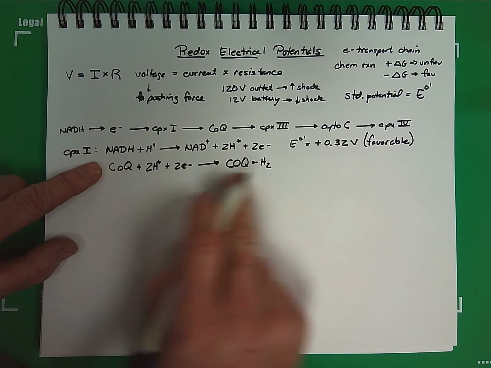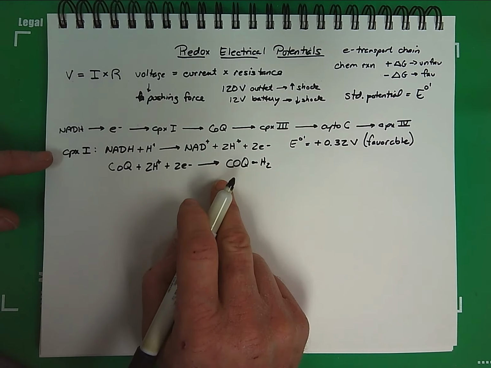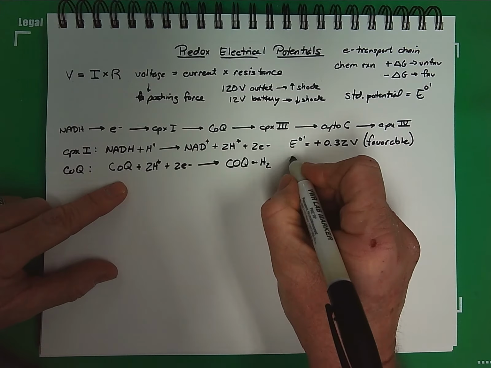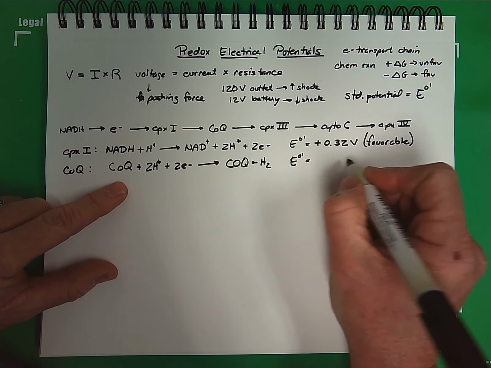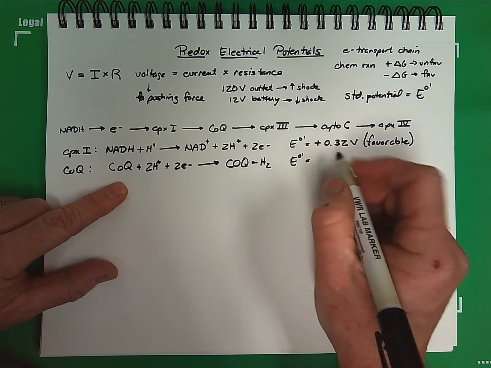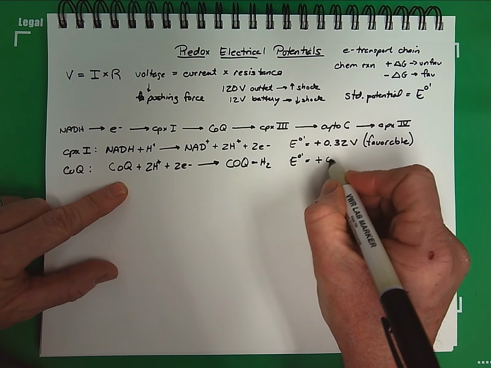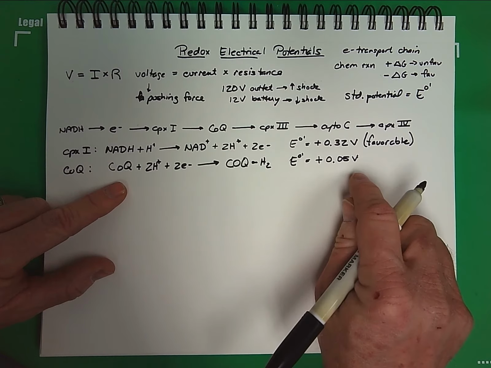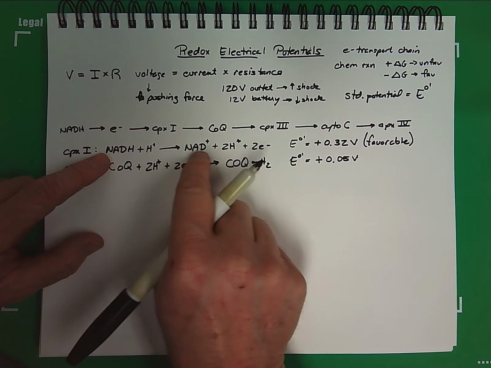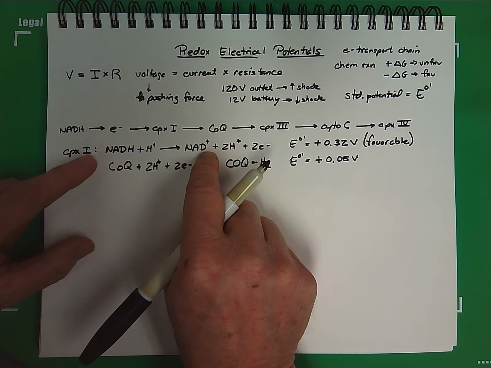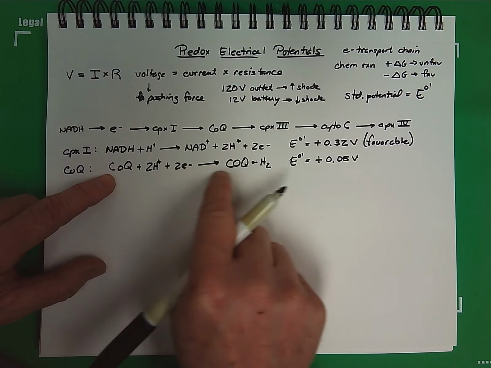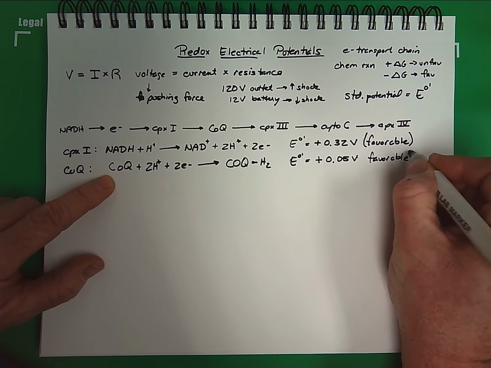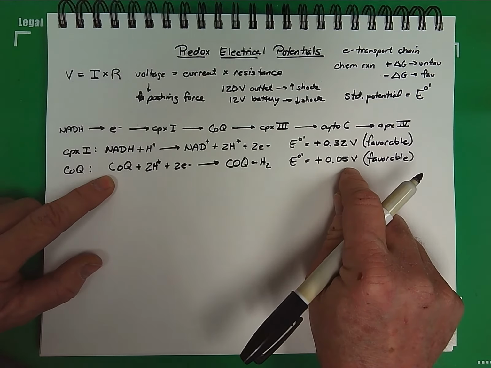So these two reactions written this way is the redox reaction occurring between complex 1 and CoQ. Now if we look at the standard potential change of this reaction, we see that it is a positive 0.05 volts. So what this means is that moving electrons from NADH onto complex 1 and then from complex 1 to reduce CoQ, this is also a favorable reaction because we have a positive voltage pushing force.